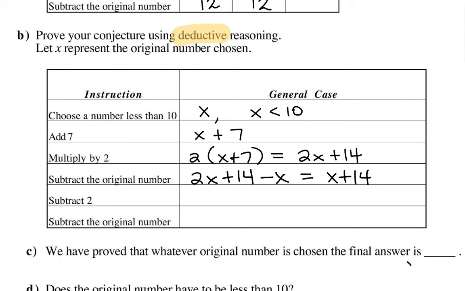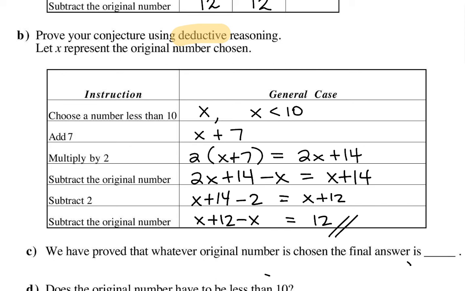Now subtract 2. x plus 14 subtract 2 would equal x plus 12. Subtract the original number. x plus 12 minus x equals 12. No matter what x you pick, you will always end up with 12.